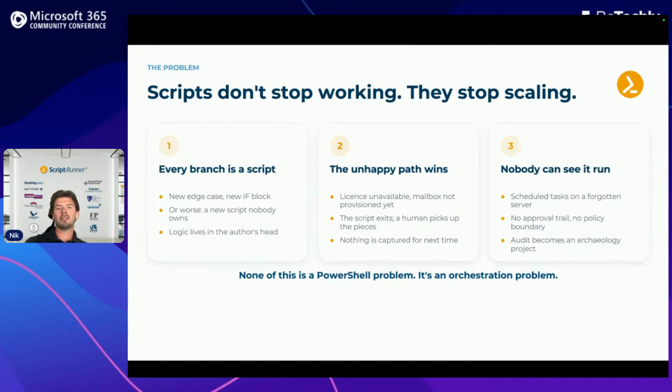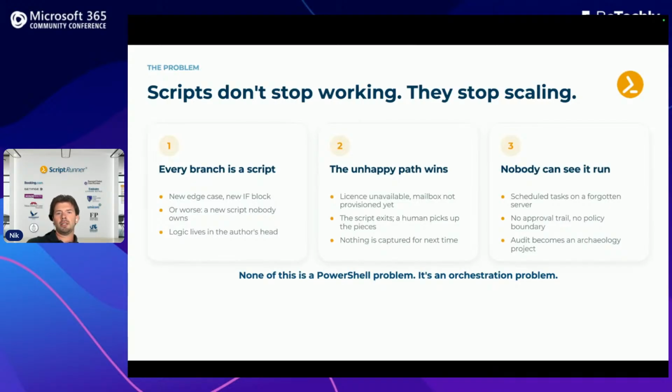The second reason is the unhappy path always wins, right? When we create automation, first of all, the MVP, we focus on the happy path, and the happy path mostly covers 80 to 90% of the use cases. What I mean by happy path is where the case goes as we planned it to be, right? Without any errors, without any unexpected inputs or outputs.